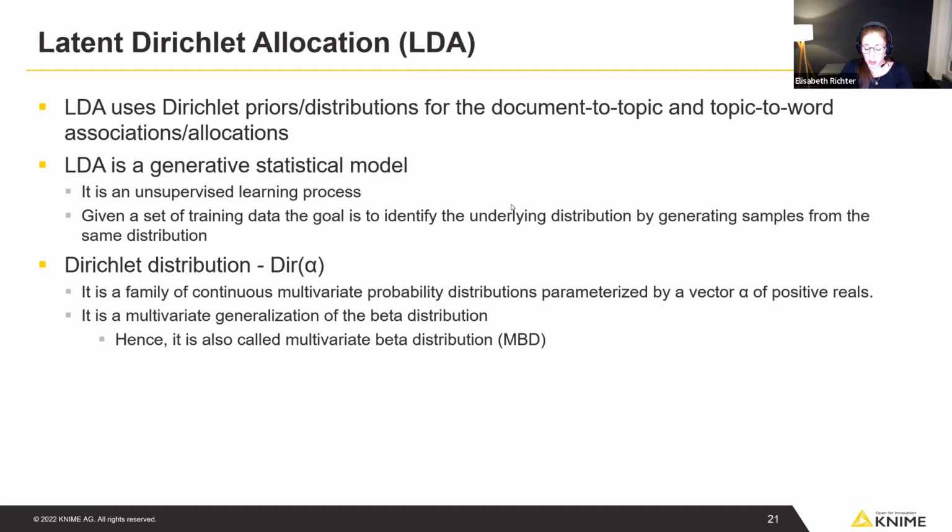I don't want to go into too much detail here, but what is important is that LDA is an unsupervised learning approach. We are taking some training data, and we're trying to identify some stuff about the underlying data distribution by generating some samples.